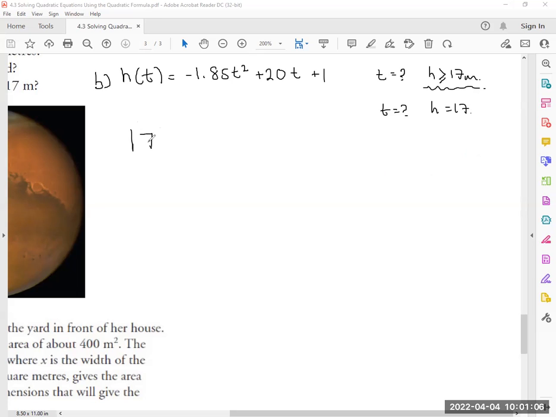They're essentially asking you, when is the height going to be 17? And they want to know what the time is. Since they are asking for the x values, we could use the quadratic formula, except we have one issue: the y value, the left side of the equal sign, is not 0.